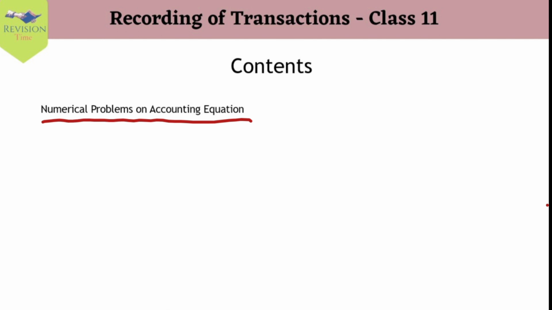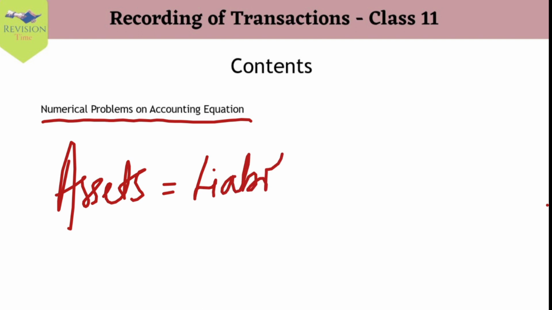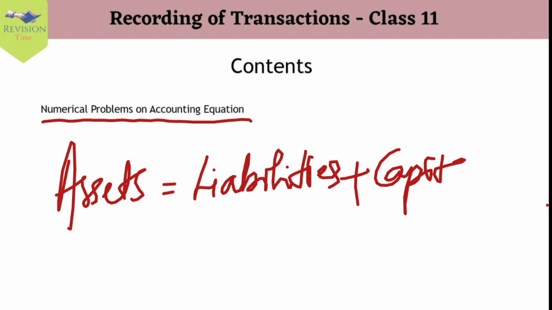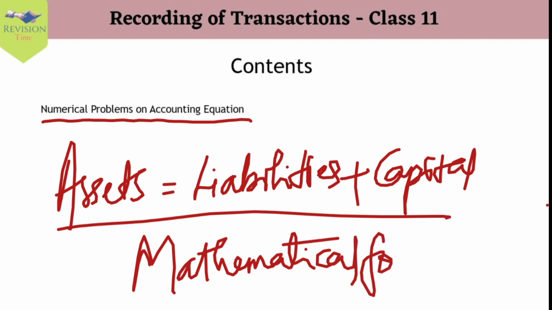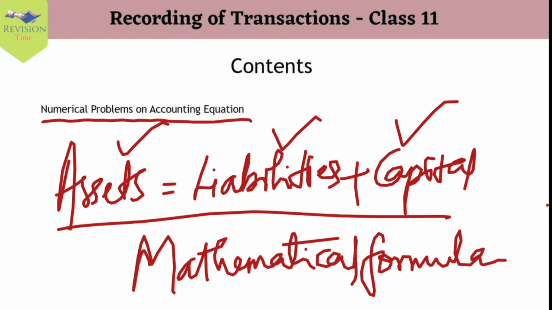Before we jump into these sums, let us have a quick revision about accounting equation. We all know that accounting equation: assets is equal to liabilities plus capital. It's just a mathematical formula which states a relationship between asset, liability and capital.